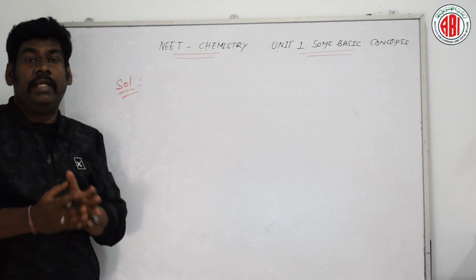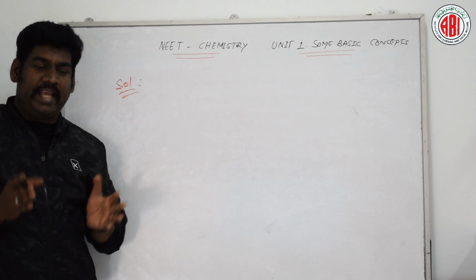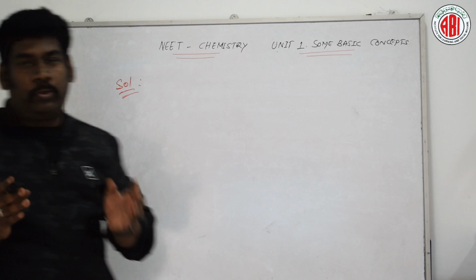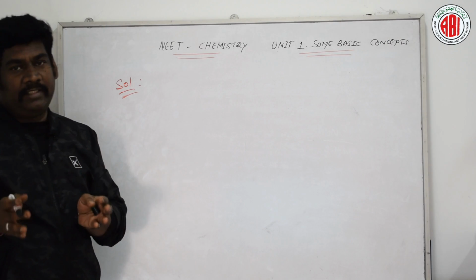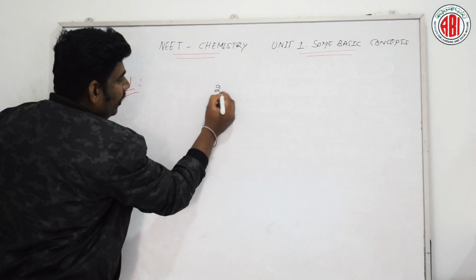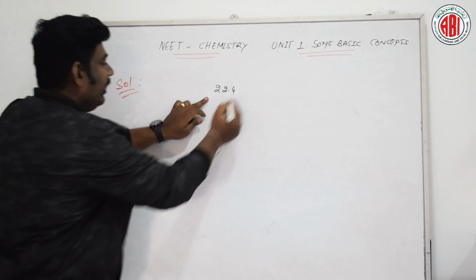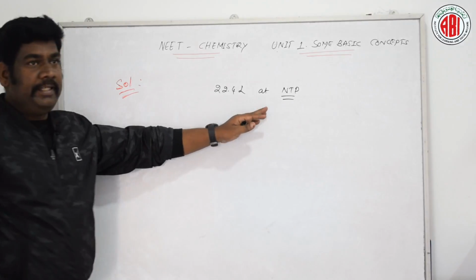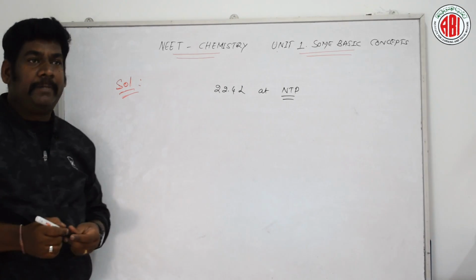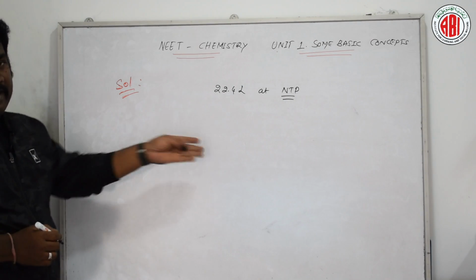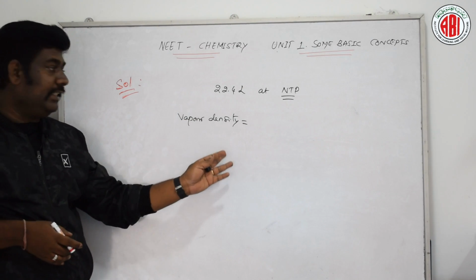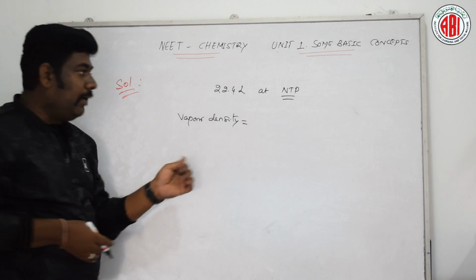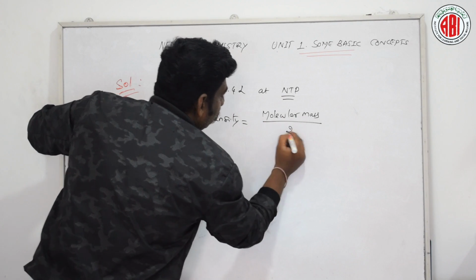Now the solution. The molecular mass of any gas occupies 22.4 liters at NTP. NTP is nothing but normal temperature and pressure. Then find the vapor density. Vapor density is equal to molecular mass by 2.